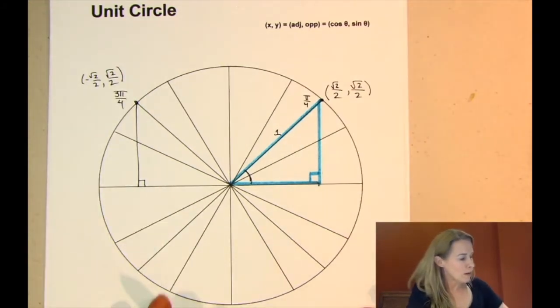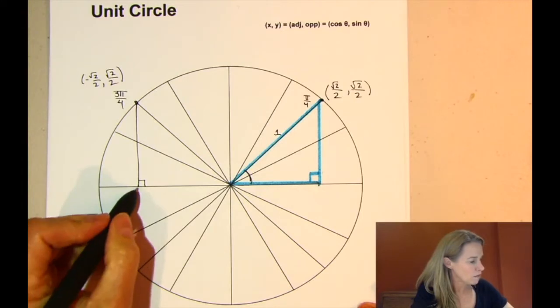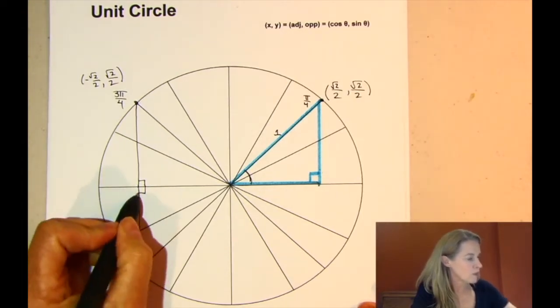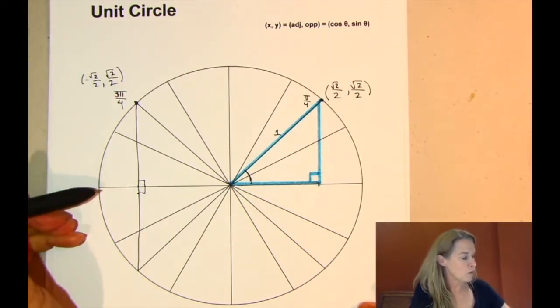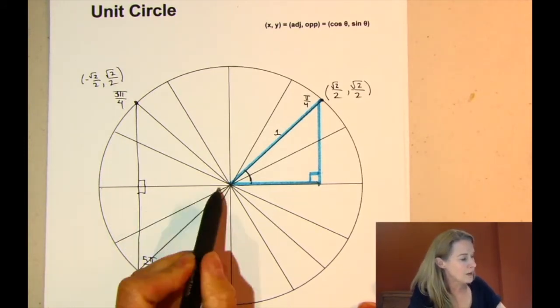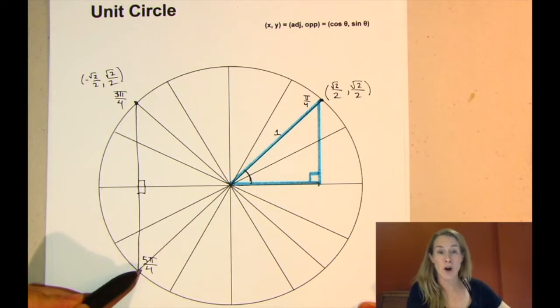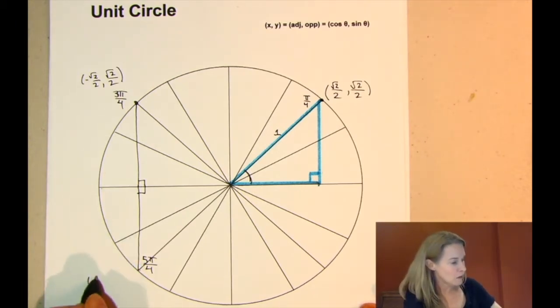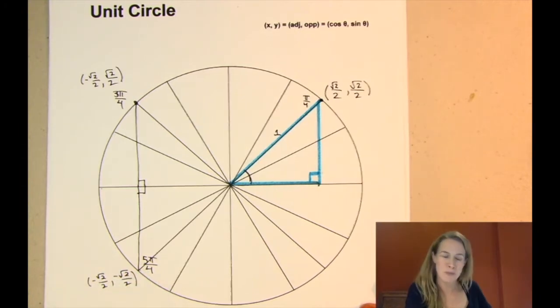And you can work your way around to the other 45, 45, 90 triangles. I've got one here. So if that's 3 pi over 4, 4 pi over 4, we're here at 5 pi over 4, and I see the x and y coordinates are both negative here, so negative root 2 over 2, comma, negative root 2 over 2.